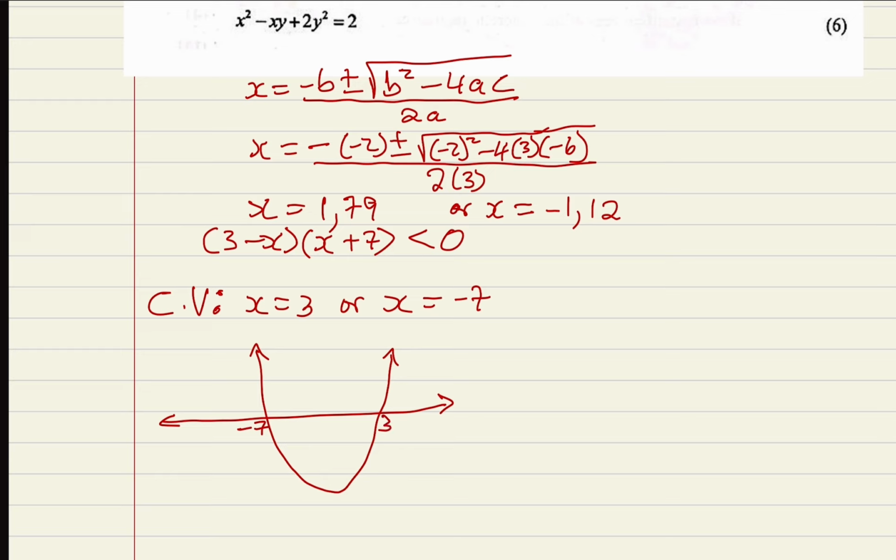Since this sign says less than, it means below, but since you know that this is negative, you're going to use the opposite, which is above. And above, the x values will be less than negative 7, or x will be greater than 3. So every time use the opposite, but I always like the graph to be facing upwards. If you drew it downwards, it would give you the same answer.